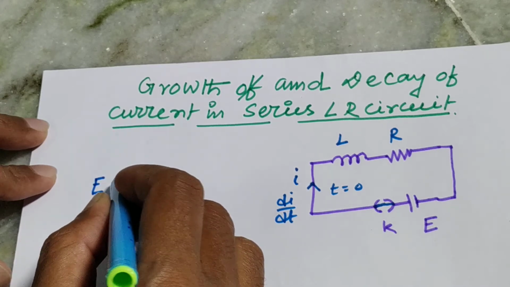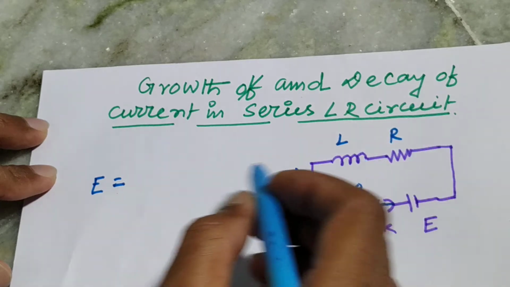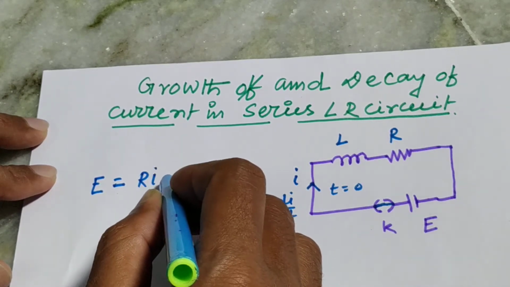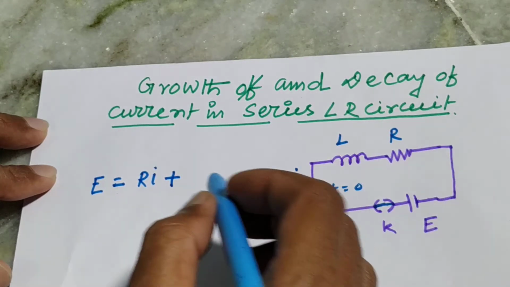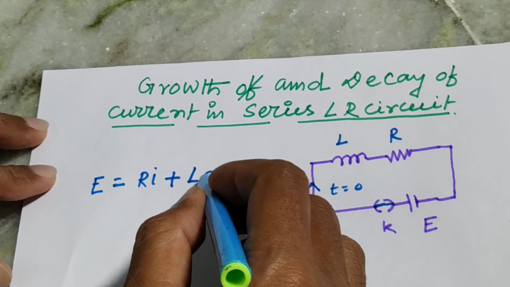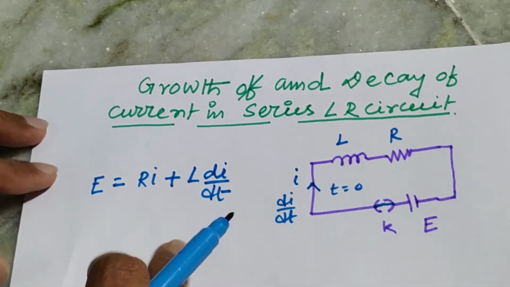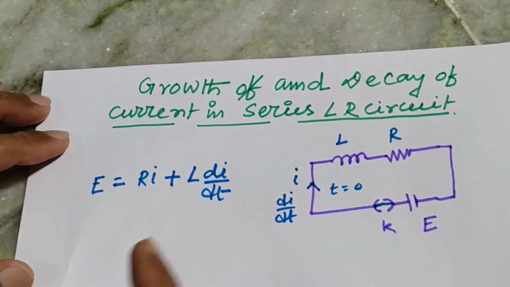Then the voltage equation of the circuit can be written as E equal to the voltage drop across the resistance, which is R I, plus the voltage drop across the inductor, which is L di/dt. So this is the voltage equation of the circuit.